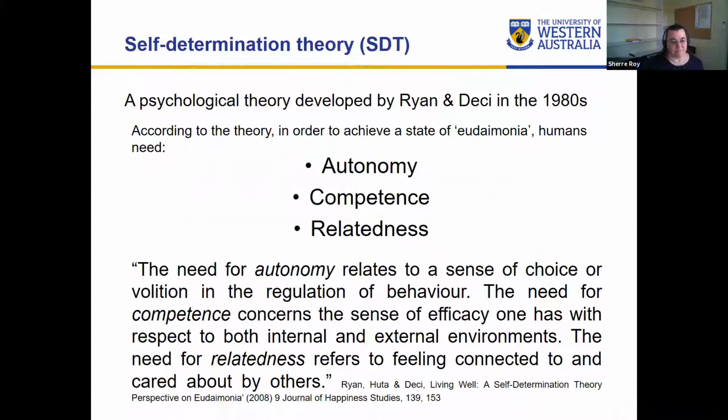So thinking about those three concepts, autonomy, competence, and relatedness, in terms of the traditional classroom, quite a lot has been written about relatedness and that sense of connecting with other people and the well-being of students.